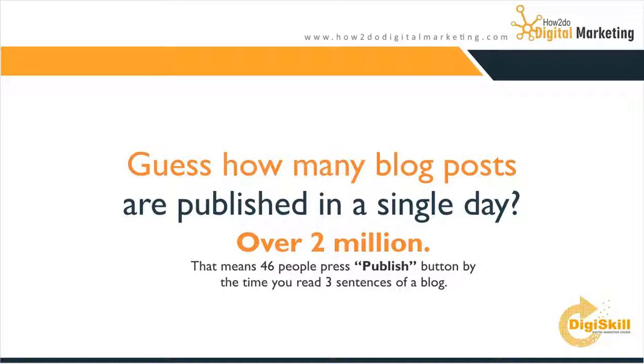And to make it more difficult, Google keeps changing the algorithm every now and then, because at the end of the day, Google wants to make the user experience the best. They want to make sure that when a user types a particular search query, he gets the most relevant content for what he has typed in. So contextual information is what Google tries to search, crawl and serve to its customers.